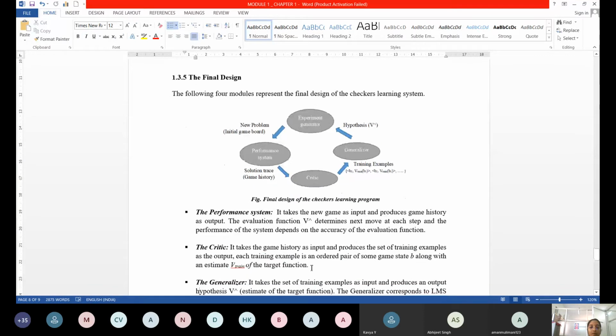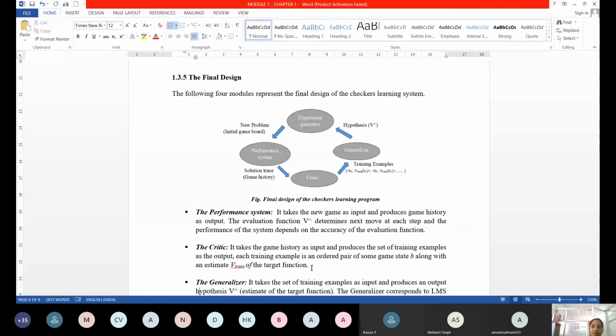Is it clear about the performance system? It takes input as a new problem, provides the game history, how the game has to be played, rules and regulations, with direct training examples and indirect training examples. And based on that, it determines what is the next move of a particular pawn in the checkers. Which move, whether you go to left, right, or north, south, or some direction.